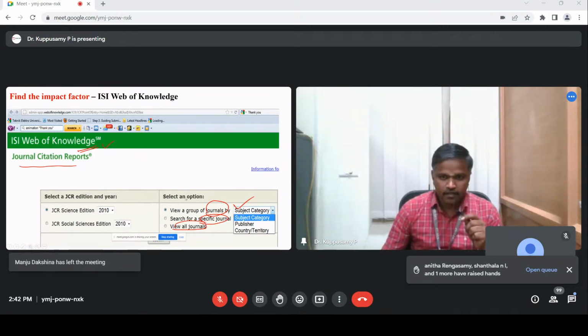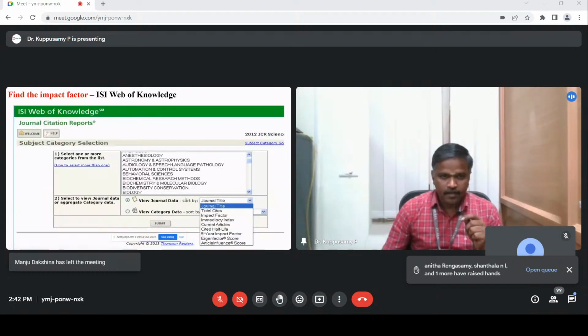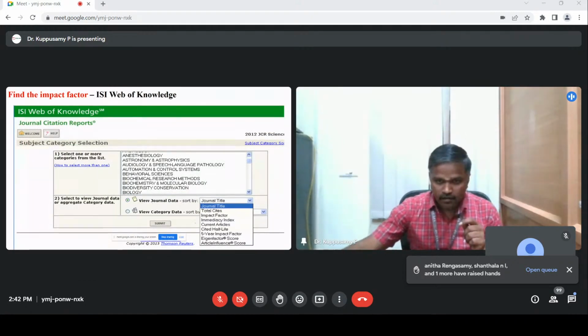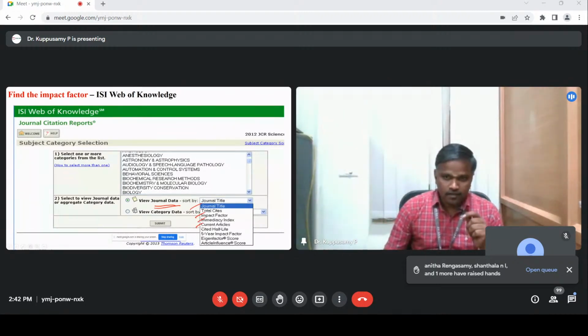So we can select based upon the category and the requirements we need. Here also, look at what data you want to view, either journal title, citations, or impact factor. Based upon that, the set of journals will be listed for you.